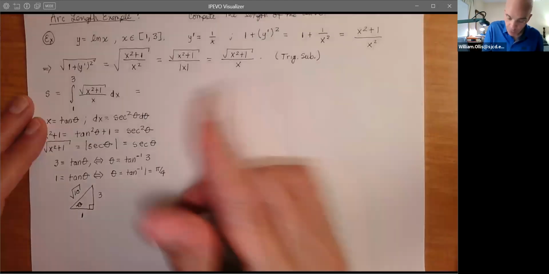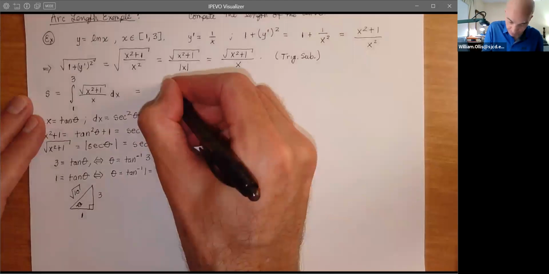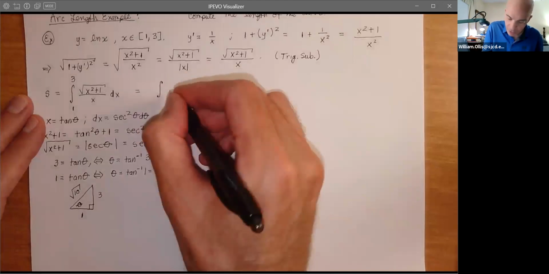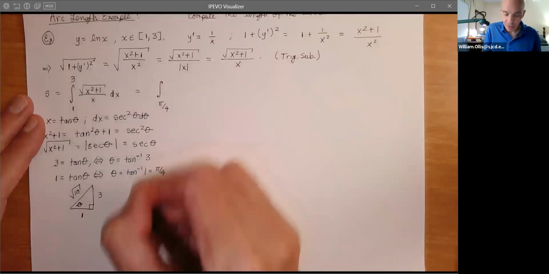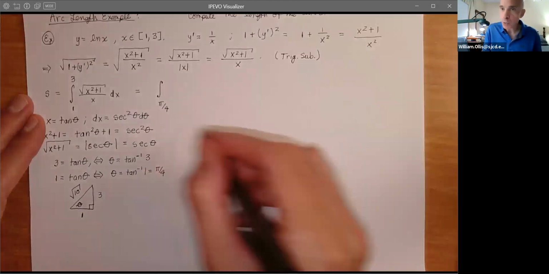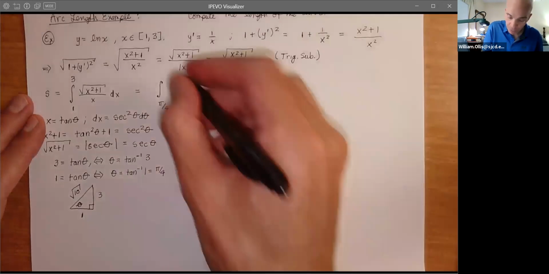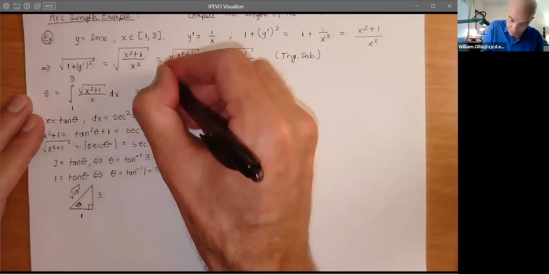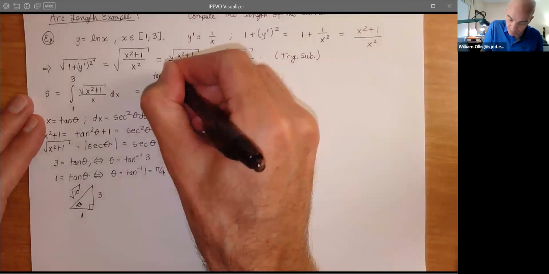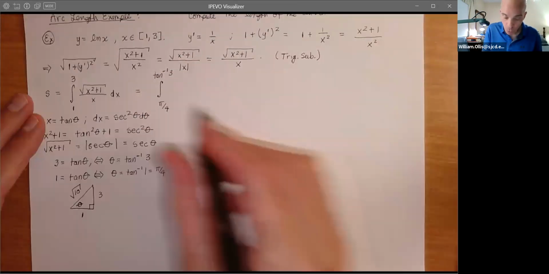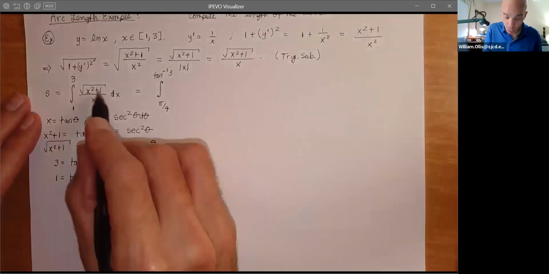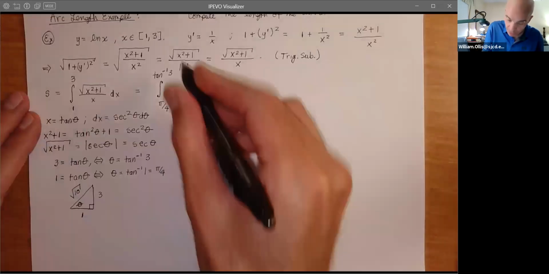So now let's fill everything in. So the only issue here is that we have the limits, and then of course we have to negotiate the trigonometric integral. That's why I thought this would be a good example. And then the upper limit is just the inverse tangent of 3. Now, of course, the square root of x squared plus 1 will be secant theta.